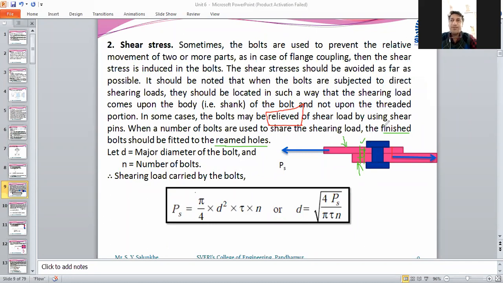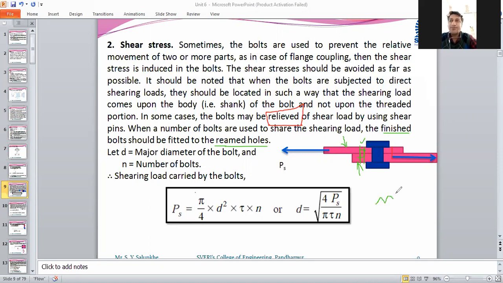And one more thing is that the outer surface of this bolt should be finished well, with a smooth surface, and the hole inside which you are going to place the bolt should be a reamed one. That is, a reaming operation should be done on it, and it should also be smooth. Why?